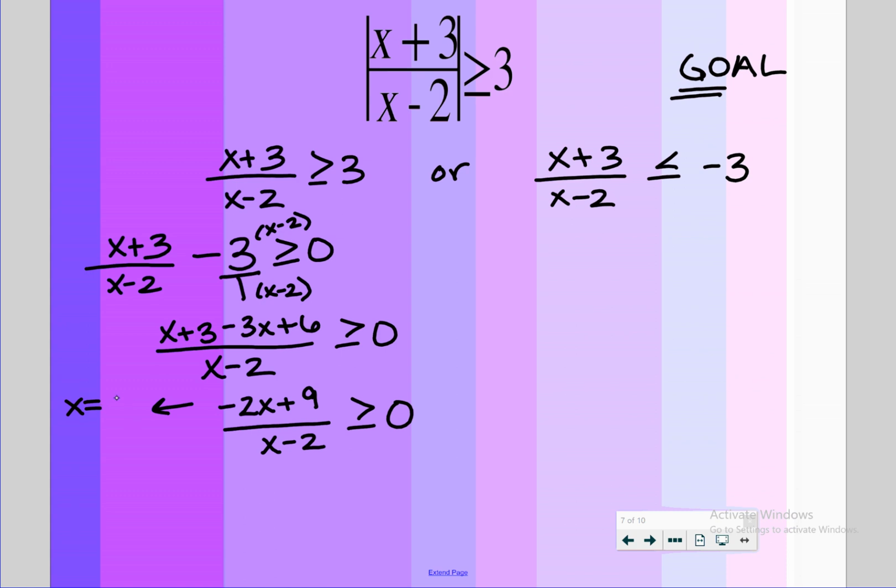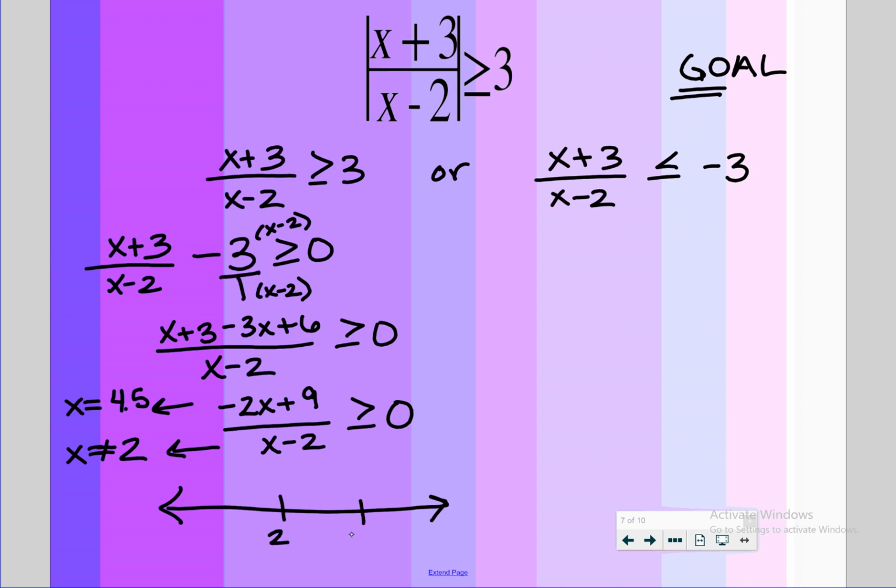Positive 4.5. Yeah, you could just say 4.5 or 9/2. If I set the bottom equal to 0, I get x equals 2, but it's a not equal to, right? Because that's a domain restriction. Then yesterday, we did our number line.